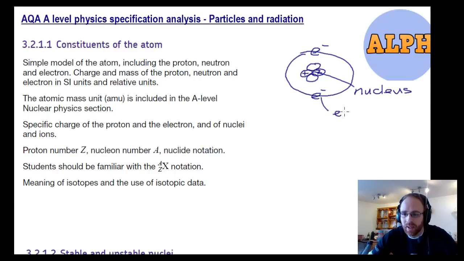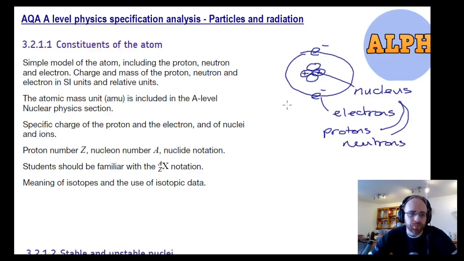And here we have electrons, and inside the nucleus, we have protons, and we have neutrons. And it says that you need to know the simple model of the atom, which looks like this.